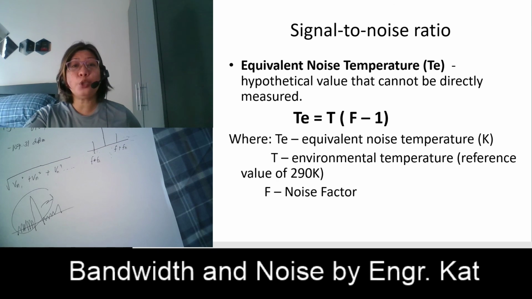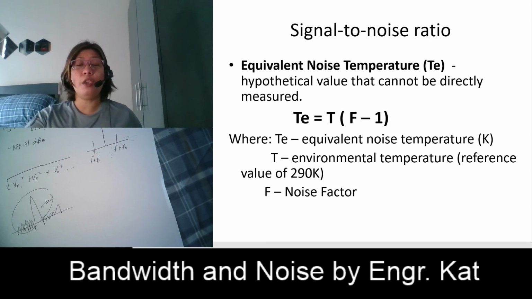So the equivalent noise temperature in Kelvin is equal to T, the environmental temperature, which usually uses the reference value of 290 K. If it is not given, we are going to make use of 290 Kelvin. But if it is given, we are going to make use of the value that is given to you.